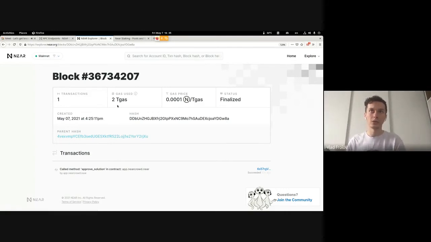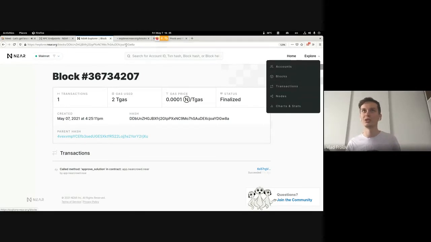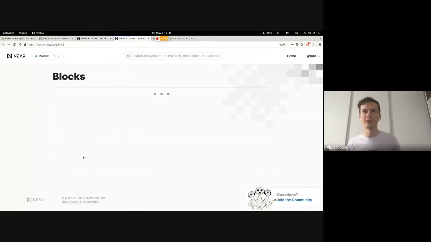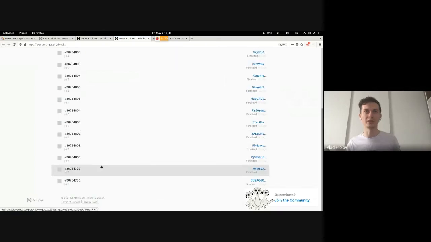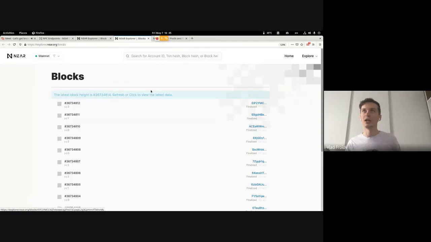So hopefully the idea of producing the block is somewhat clear. I want to stress why exactly the block needs to be produced even when there are no transactions at all, or when there is no chunk in it. You can see there are a lot of blocks with zero, or just one transaction.